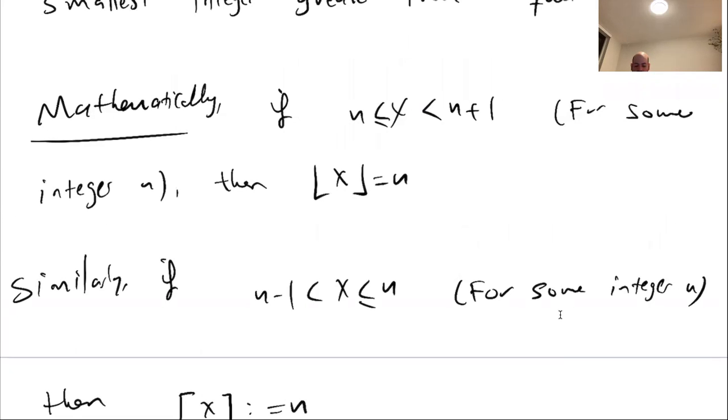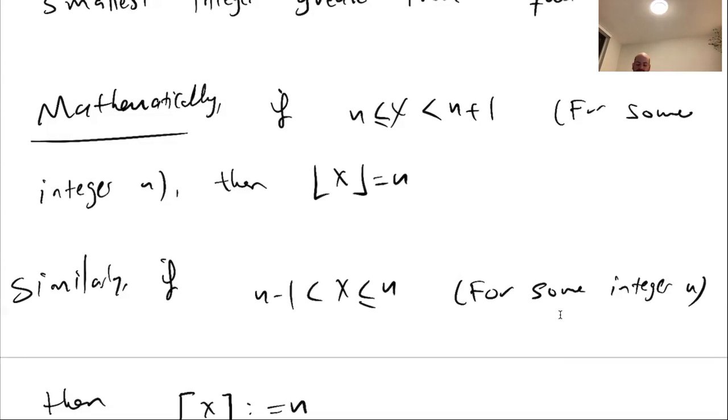Now, in our mathematical notation, if x is bigger than or equal to n and less than n plus 1, then the largest integer less than or equal to x is n, because obviously n is less than or equal to x according to the assumption, and it is the largest one among the integers that are less than or equal to x. Why?